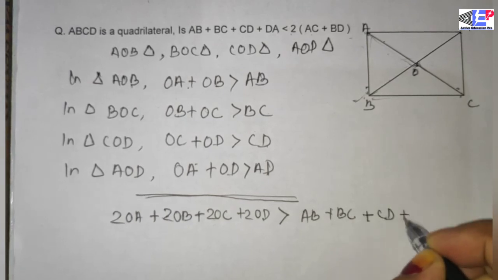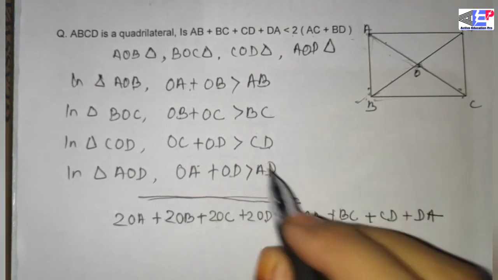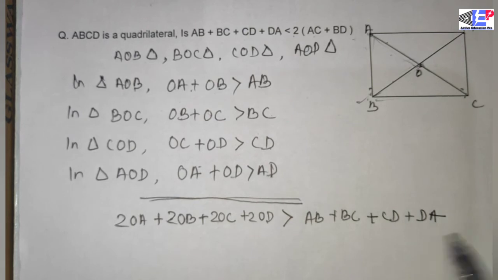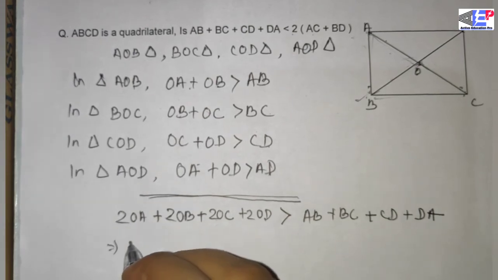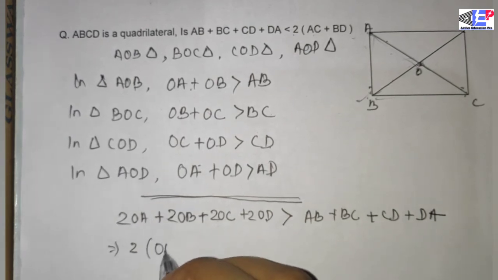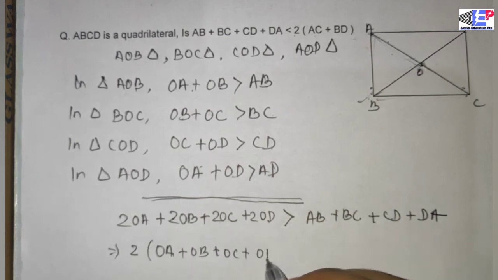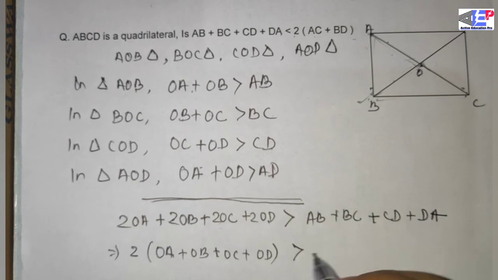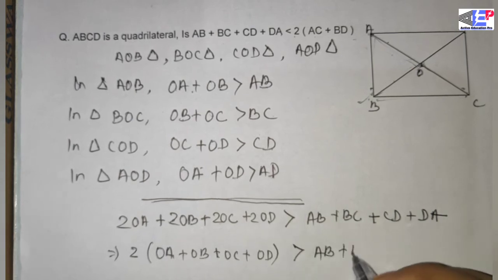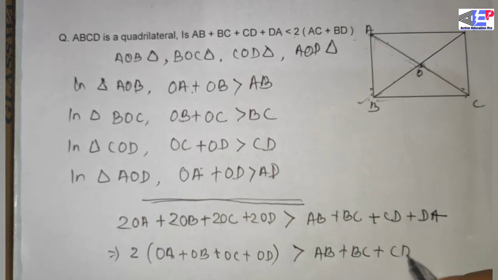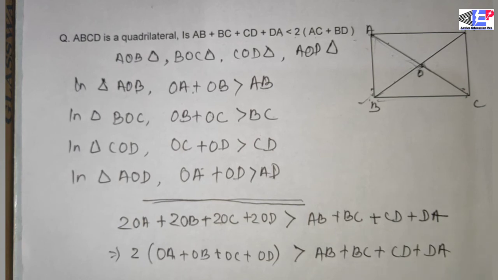I write here AD as DA. Now take 2 common: 2(OA plus OB plus OC plus OD) greater than AB plus BC plus CD plus DA.